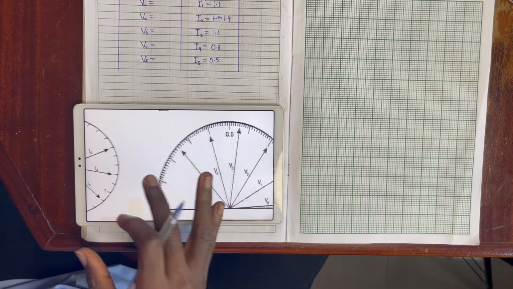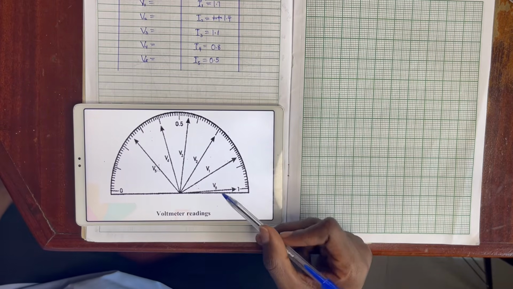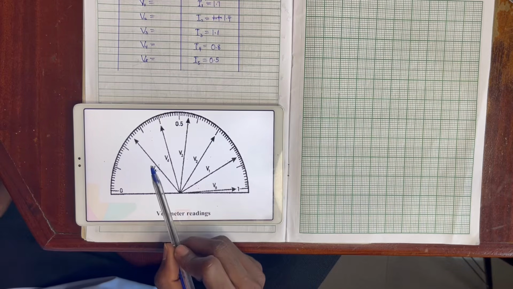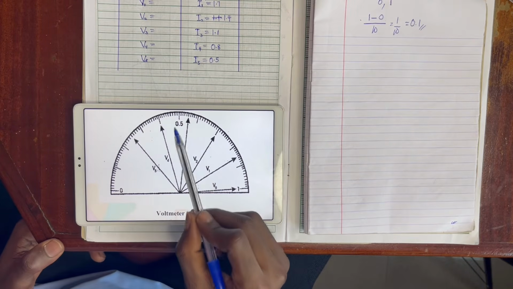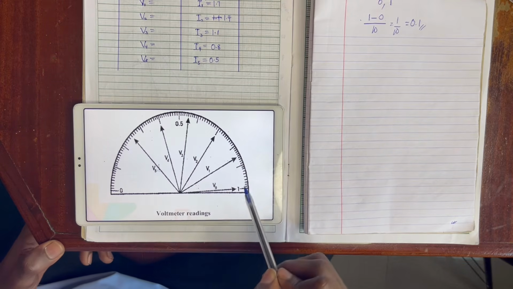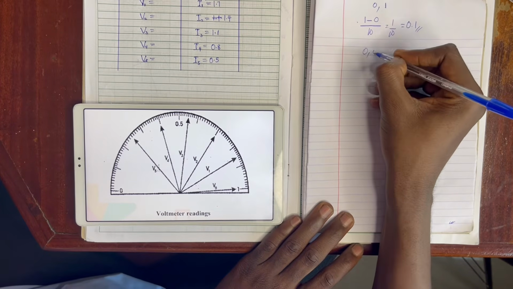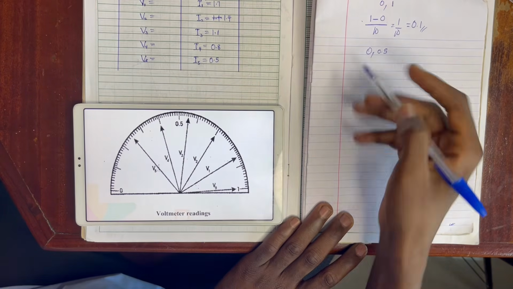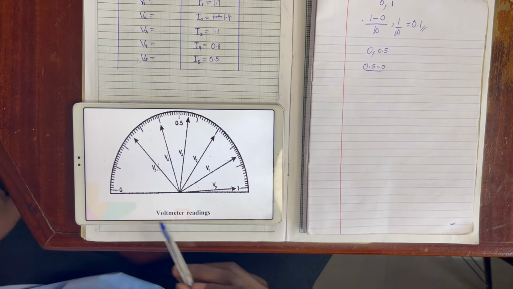Okay, so now we move to the voltmeter. We're told that V0 is the maximum voltage, so we start from V5. Now we are going to do the same thing for this one too. The closest consecutive readings are 0 and 0.5, or 0.5 and 1. So I'll go for 0 and 0.5. Now I subtract the smallest from the biggest: 0.5 minus 0 all over the number of spaces. Look at the spaces.